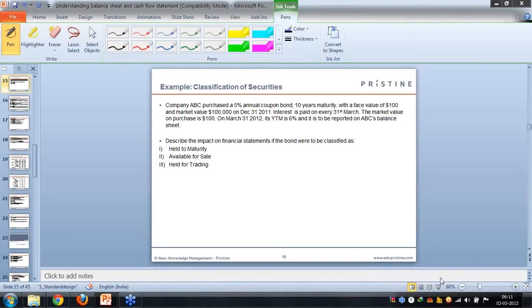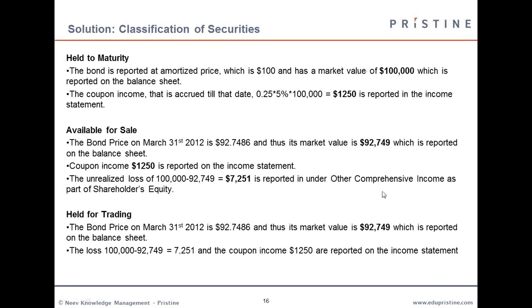Let's look at this in a more detailed way. When you have a market value of $1 lakh or 100,000, it is reported in the balance sheet as it is. The changes in the market value are not taken care of.